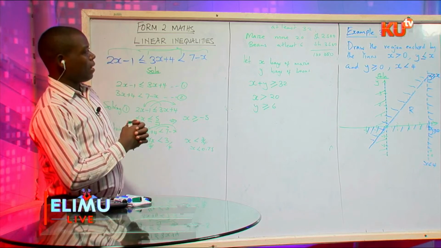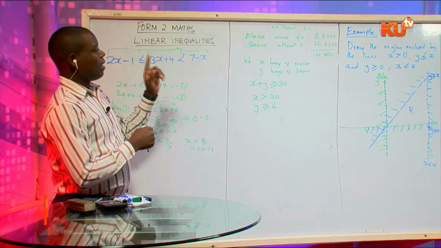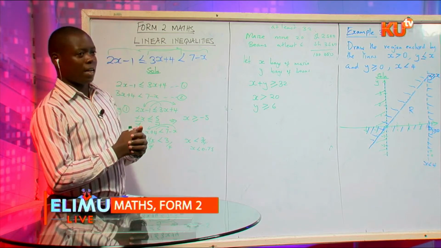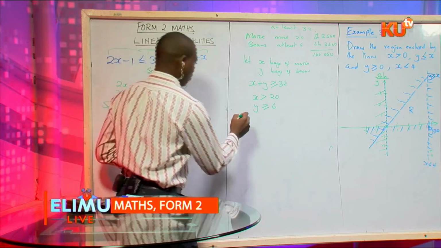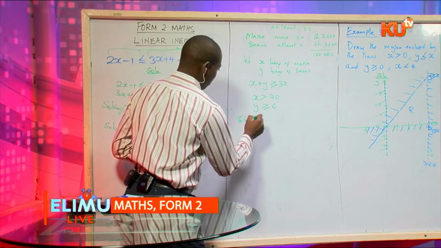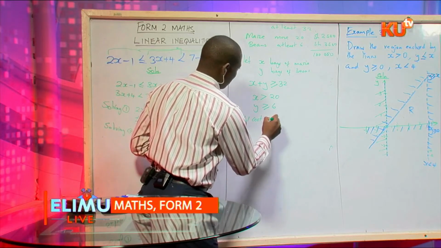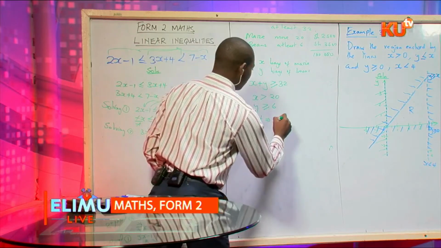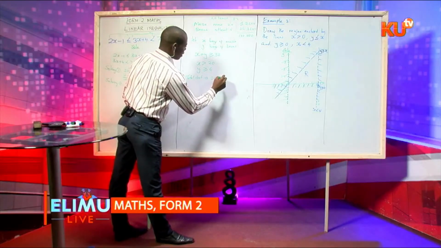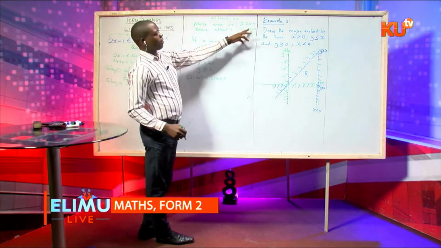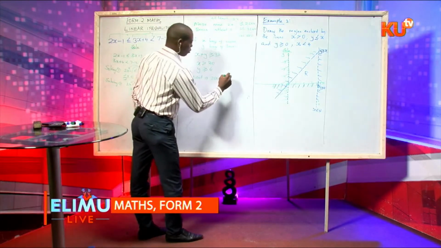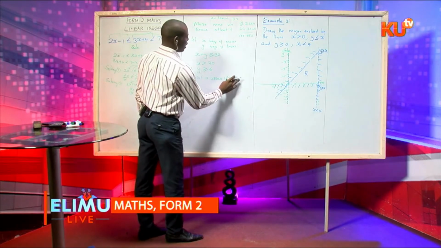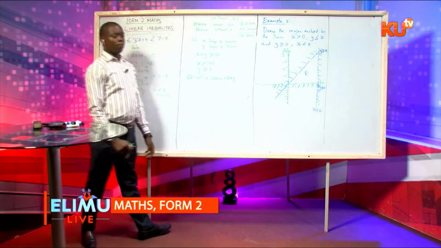But we are told that the price for one bag of maize is 2,500. So the total cost will be, we are buying x bags of maize. That will now give us 2,500x, and y bags of beans, a total of 3,500y, to give us a total of 100,000.